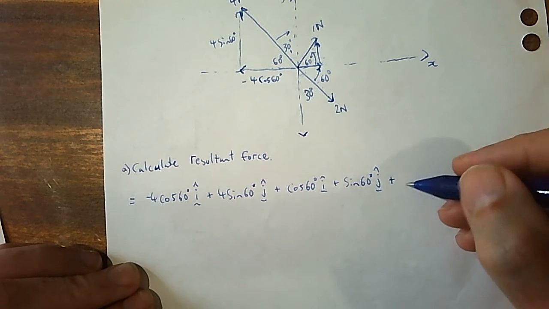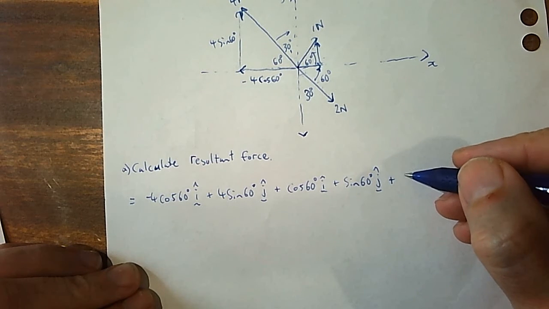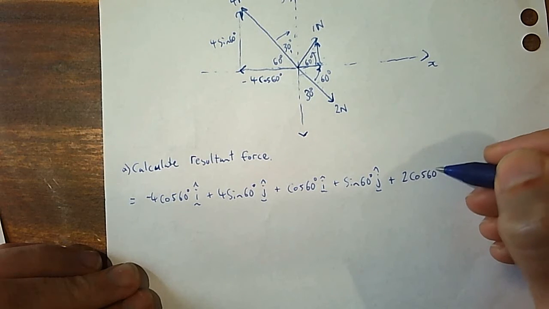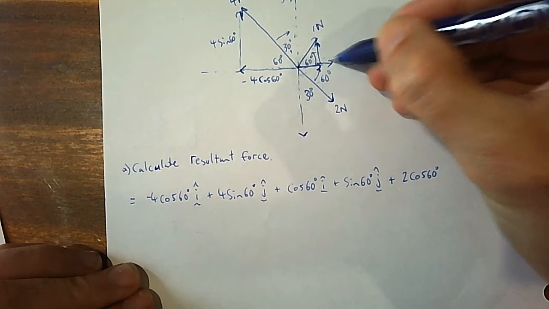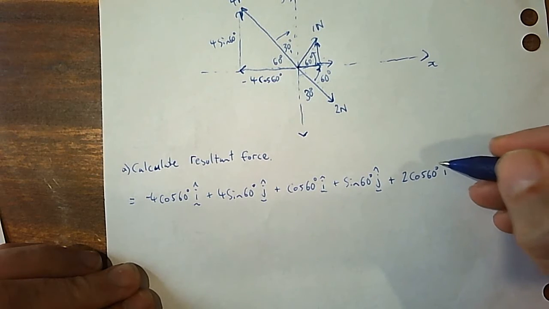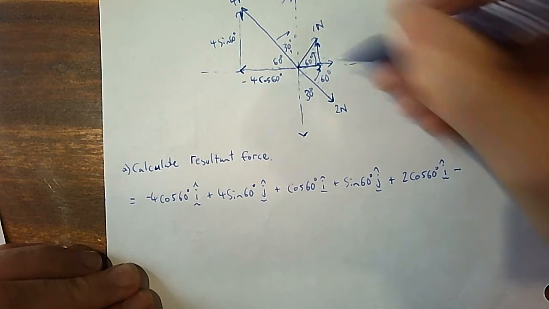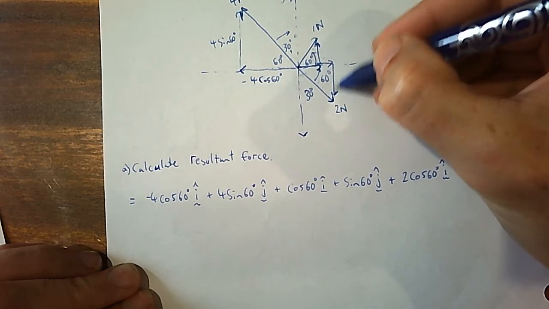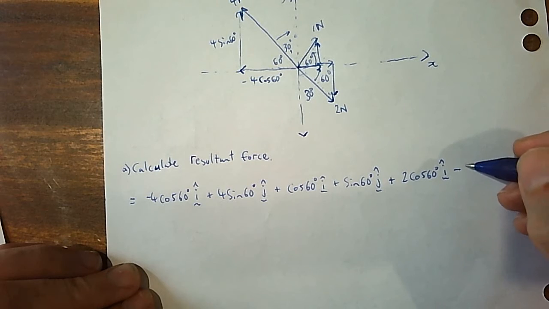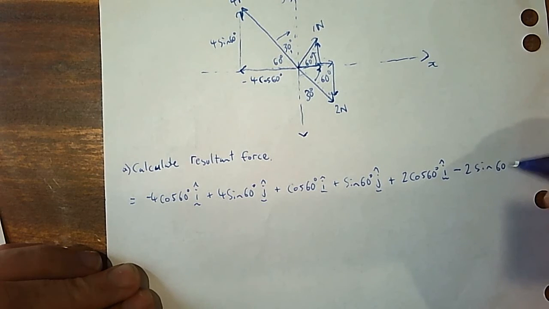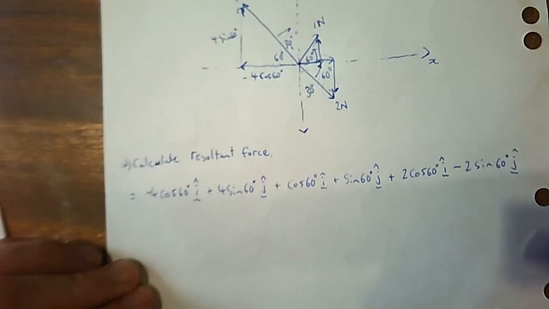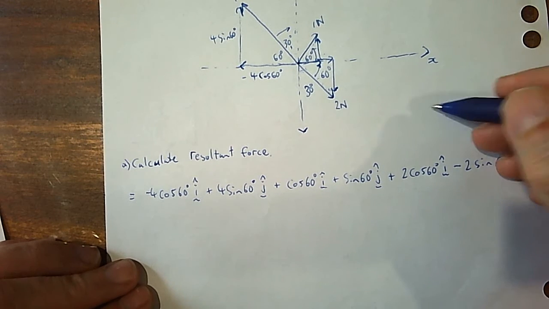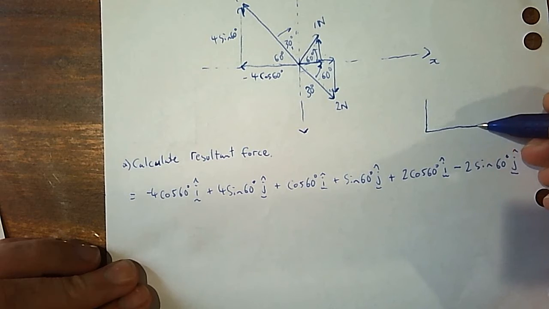So if I include that, I'll end up with 2 times by cos of 60 degrees, because that's that component, and that's my I. Then I'm taking away, because this is negative, it's going in a negative direction, so it's going to be take away 2 sine of 60 degrees, and that's in the J direction. Now, just so I didn't have a calculator, I'm going to use the exact value triangles to try and sort this problem out.